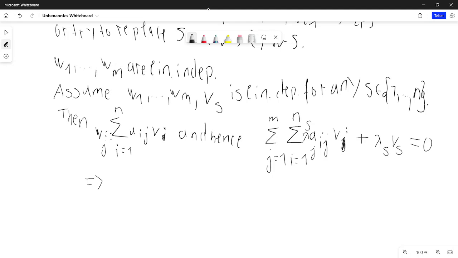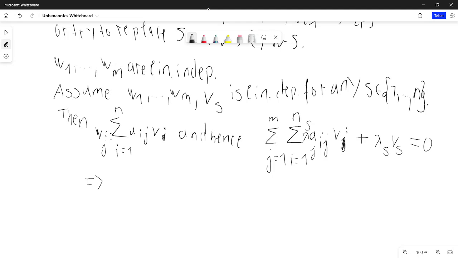And the w is just represented like this, so lambda_j will be actually here, but we have taken it into the sum, which we can do by the distributive law, and this gives 0, right?